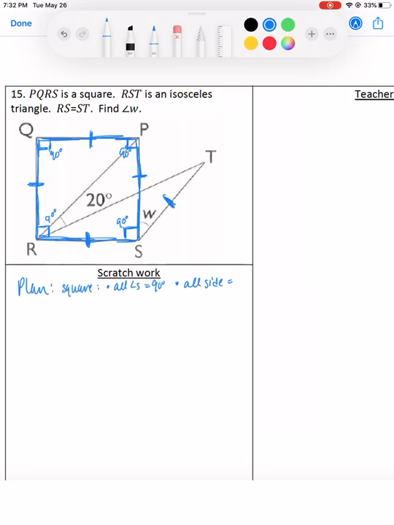We also want to note that our triangle RST is isosceles. Here's triangle RST, and I'm going to highlight it in green. RST, so separate that out from the figure. They tell us that next in our problem, which means that RS and ST are equal.